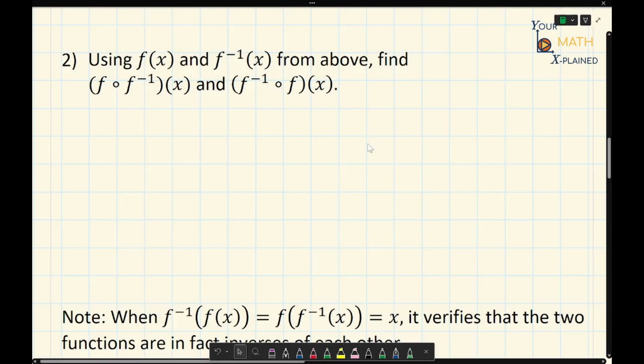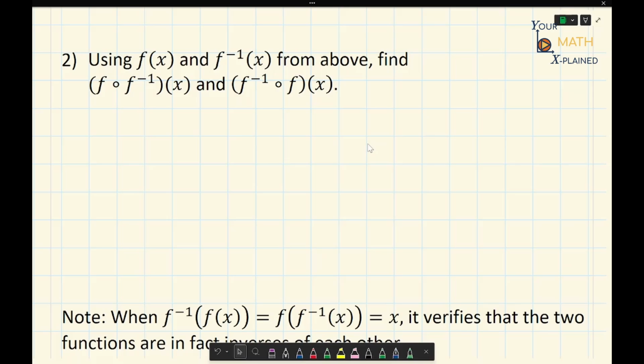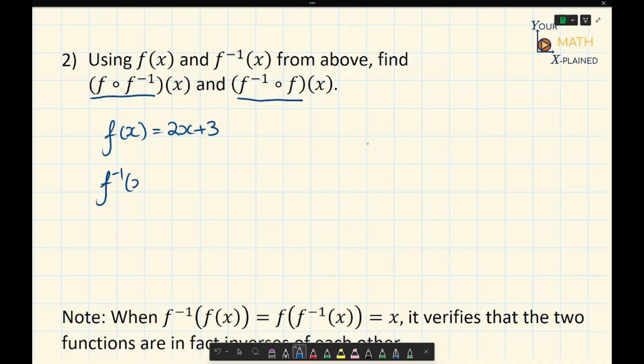So now, using f of x and f inverse of x from above, let's go ahead and find f of f inverse of x and f inverse of f of x. So f of x was equal to 2x plus 3, and f inverse of x, which we found earlier, was equal to x minus 3 over 2.